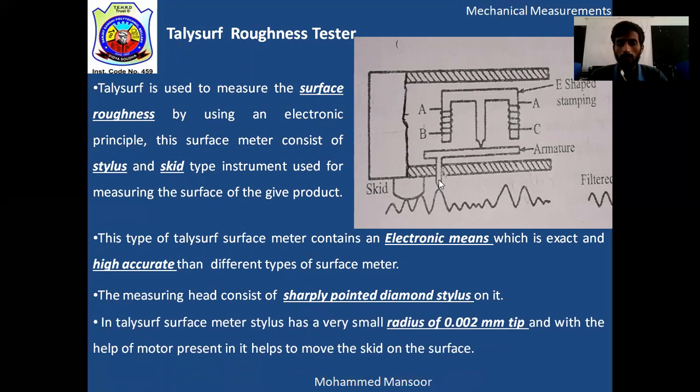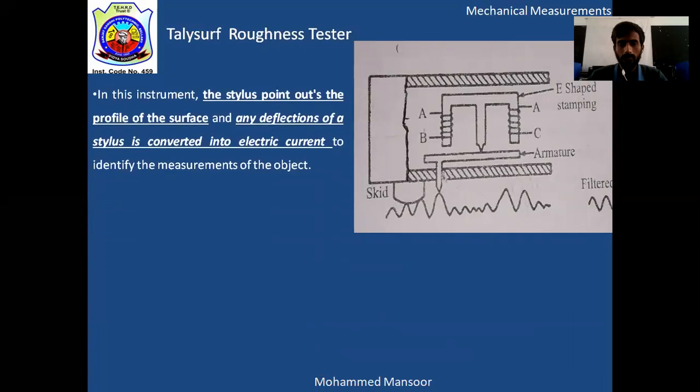The tip of this stylus is made up of 0.02 millimeter radius. The stylus follows the profile of the surface, the pattern of the surface.